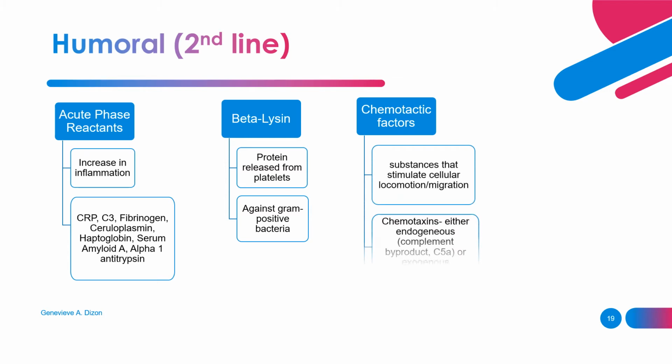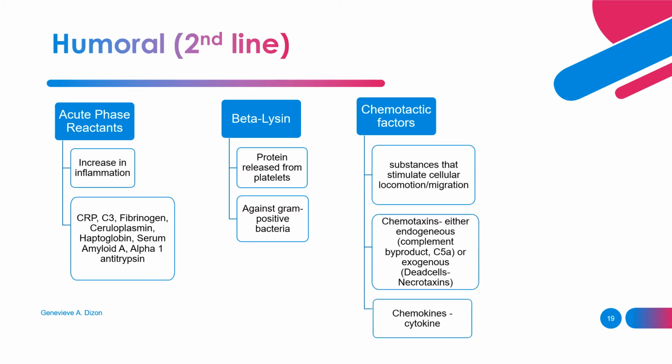The third factor are chemotactic factors. Now, chemotactic factors don't have a direct attack against pathogenic organisms, but what they do is stimulate other immune cells to go to the site of infection or to the site where there is a pathogen. Chemotactic factors may either be chemotaxins or chemokines. Chemotaxins' source may either be endogenous or exogenous. An example of an endogenous source would be C5a, which is a byproduct of the complement.